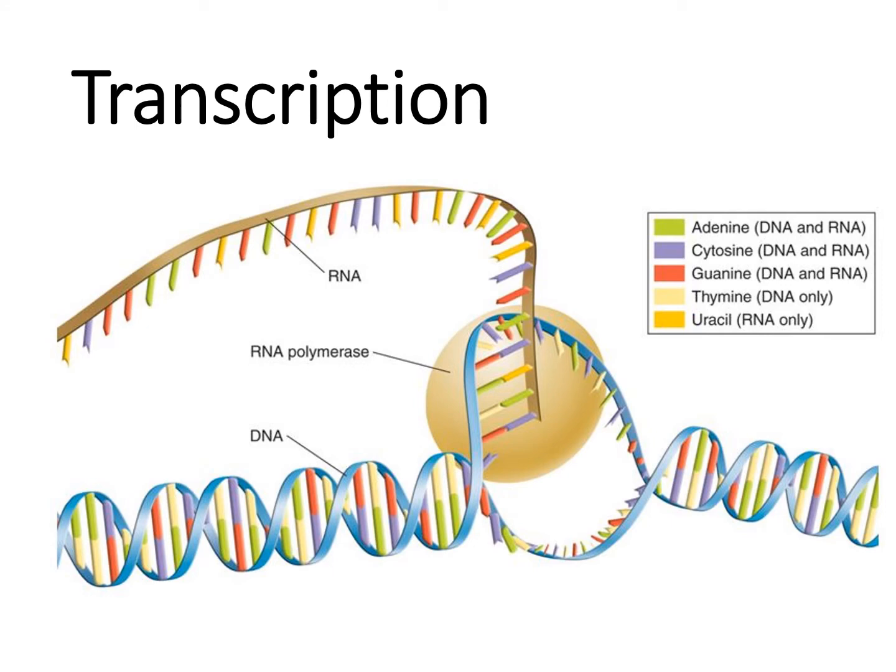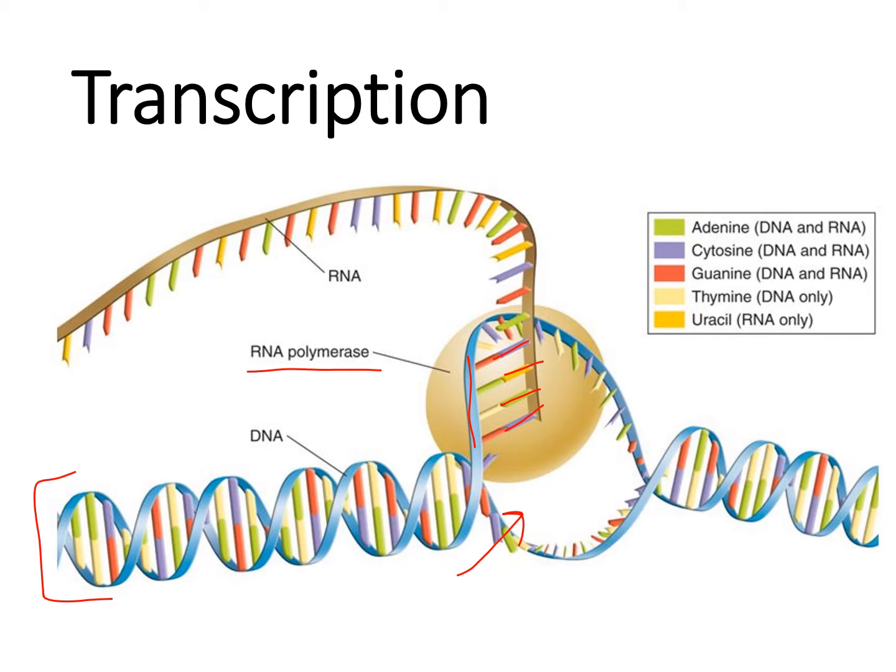This is an example of transcription. So here is the DNA double-stranded molecule, and when it's going to be transcribed, the DNA has to be unwound and unzipped so that the RNA polymerase, which is the enzyme, can come in and read the codons on the DNA and match the complementary codons for the RNA.